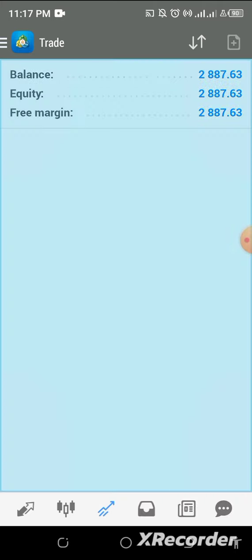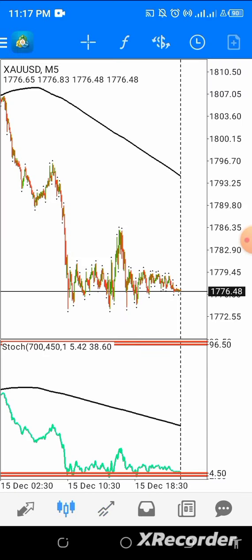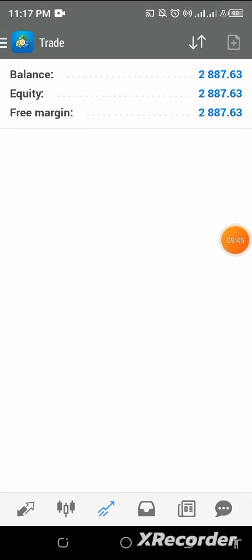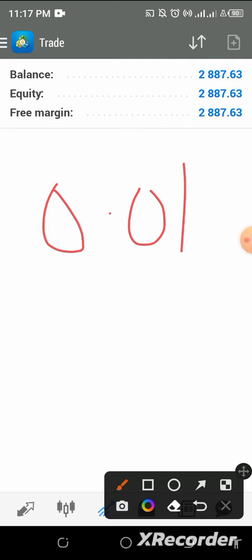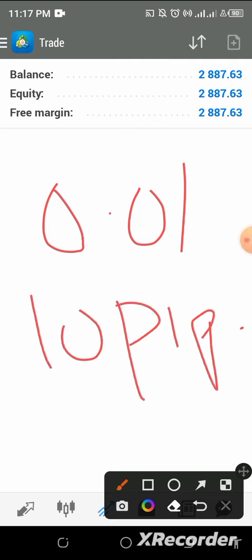And again, I want to tell you that whenever you have a $100 account and you use 0.01, 10 pips will give you $1. Let me repeat again.